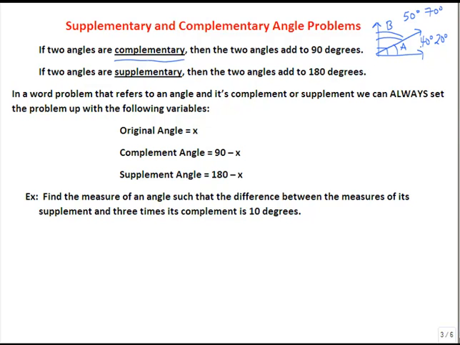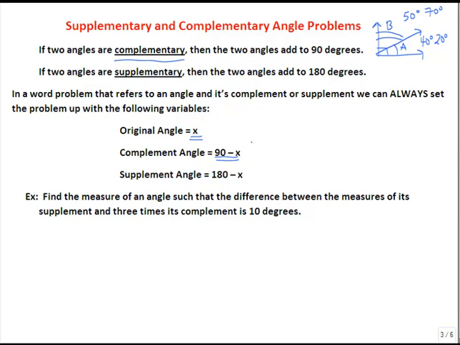So if angle A is 40, 90 minus 40 gives you 50. And that's the key idea in these word problems. We're going to let our original angle be X, and that forces the complement to be 90 minus X. That way the original angle plus the complement always add up to 90 degrees.